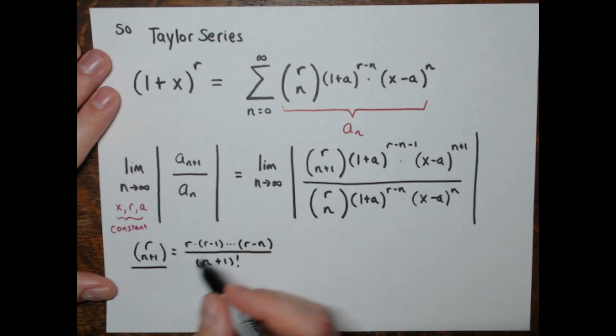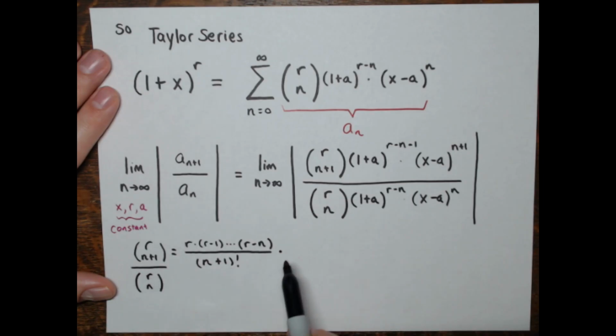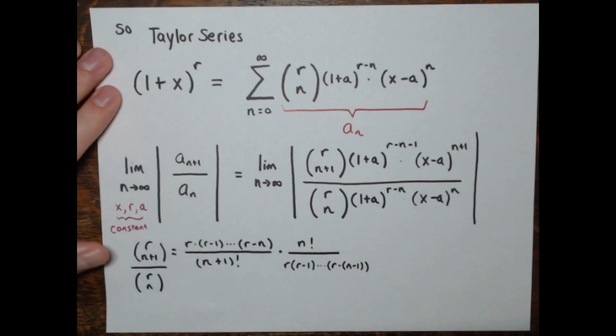Now, if this is getting divided by r choose n, remember that's the same as multiplying by the reciprocal of this, which would have n factorial in the numerator, and then r times r minus 1 all the way down to r minus the quantity n minus 1 in the denominator.